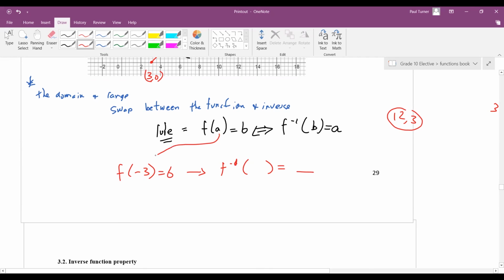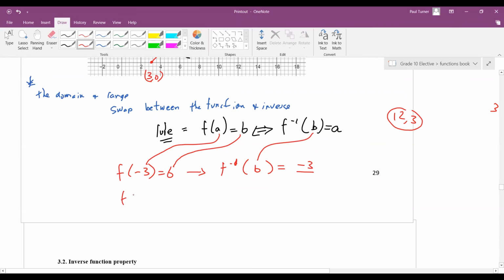What would you write here then? Think about this here. What goes here then? It's got to be 6, isn't it? Because we swapped x and y. So f inverse of 6 equals minus 3 with no graph or anything. I just know that these two numbers are going to swap between the function and the inverse function.